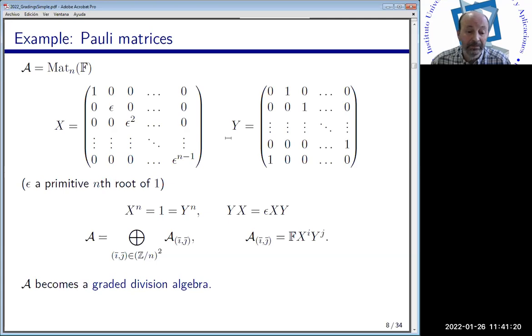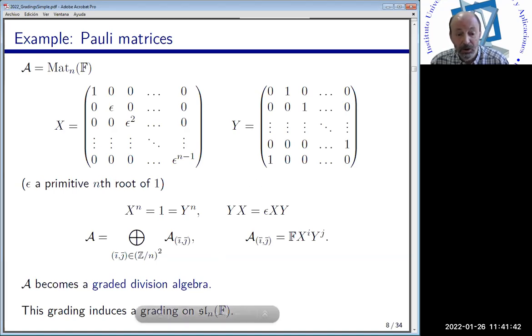Graded division algebras play a key role in studying gradings on associative algebras and on Lie algebras. And this grading induces a grading on the special linear algebra, and here all the homogeneous components have dimension 1, and the homogeneous component corresponding to the neutral element in the group now is 0.